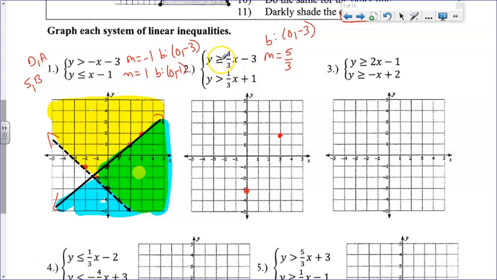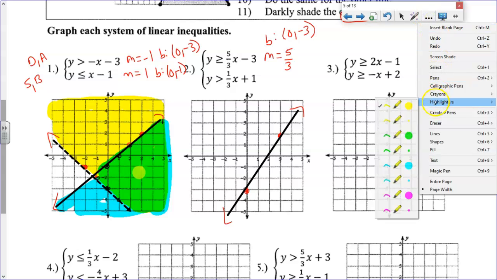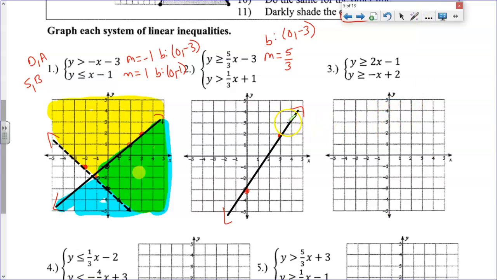This is greater than or equal to, so it will be a solid line. So solid, and then it's greater than, so we're going to highlight above the line here.